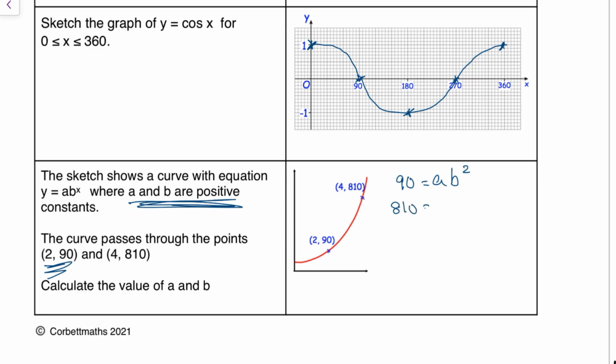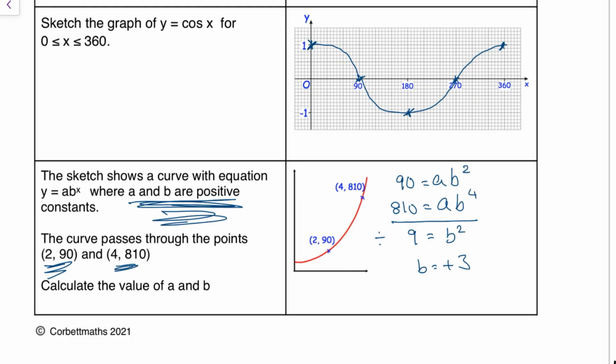The point (4, 810) tells me that 810 is equal to ab to the power of 4. I can already spot, by the way, that 9 is going to fall out here somewhere. Instead of taking away anything else, I'm going to divide. So 810 divided by 90 is 9, a nice square number. A divided by A is 1, and b to the 4 divided by b squared is b squared, which means that b equals plus 3, because I remember they're positive numbers.